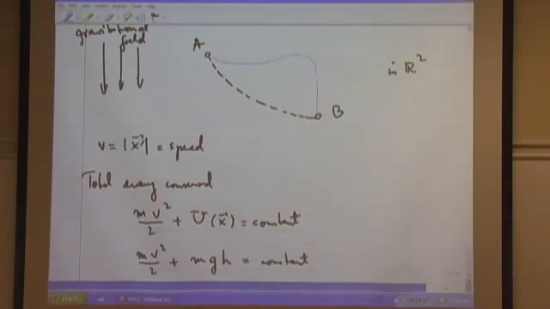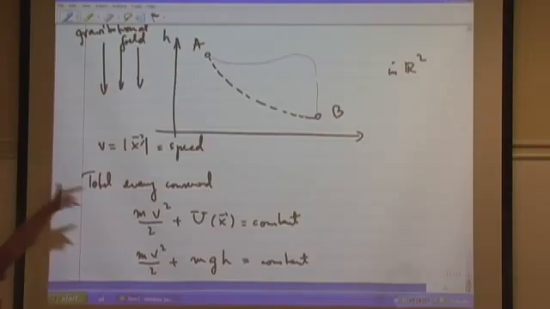So let's call that the vertical axis h, for instance. So there's the second component of x. There's a horizontal component and a vertical component. So the vector x is, I don't know, displacement and height, okay?